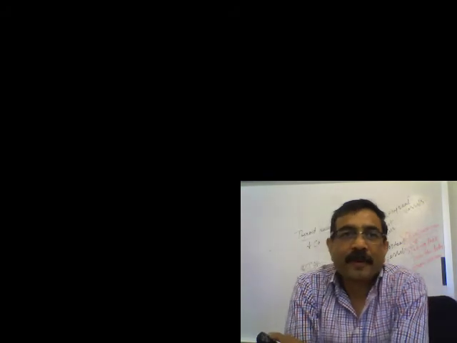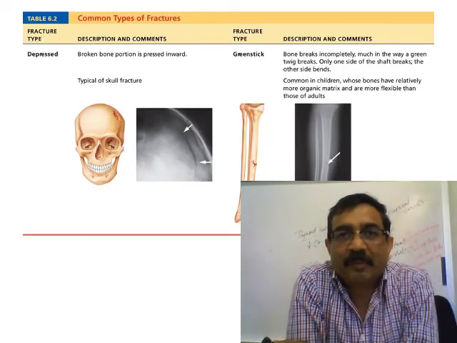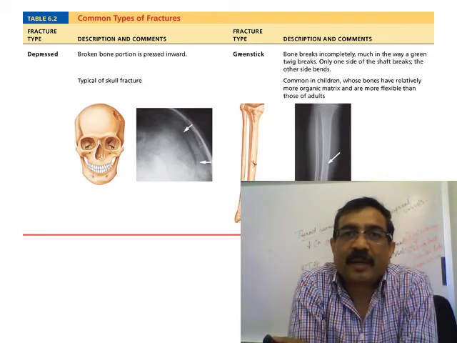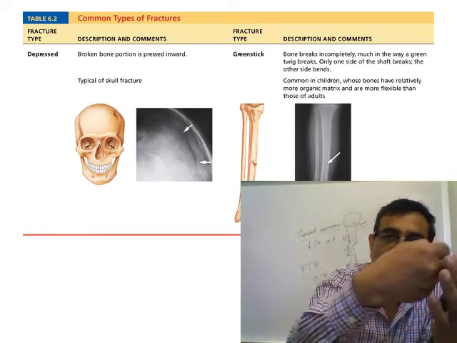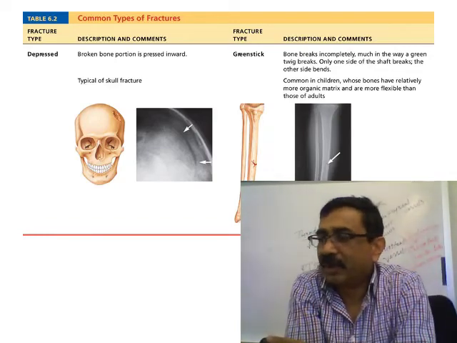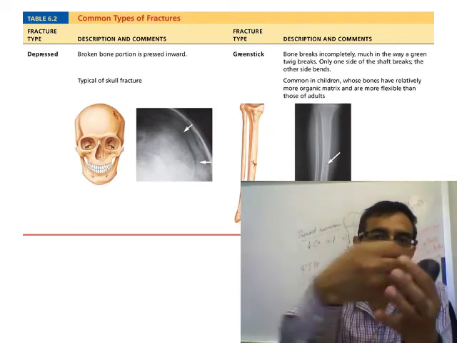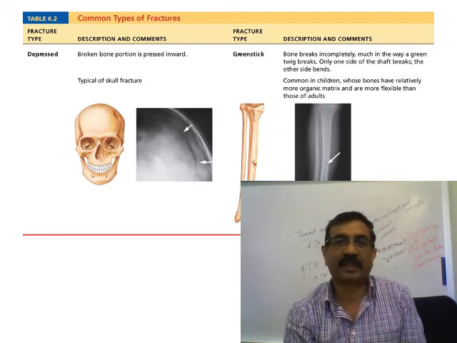Depressed. If you see, after the fracture, the broken piece of bone has gone inwards. That is the depressed type fracture.